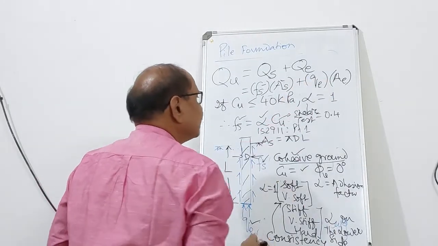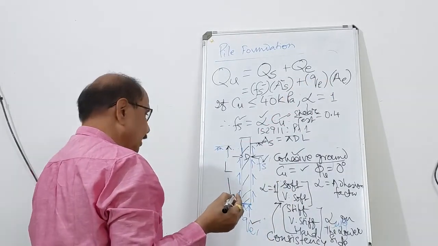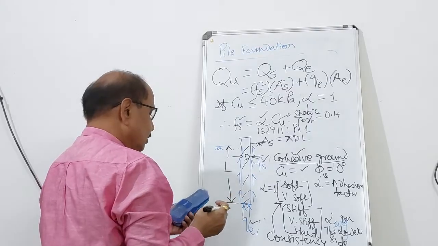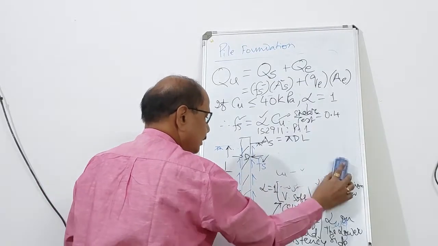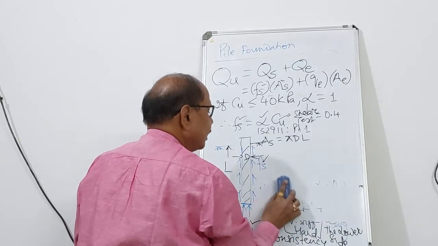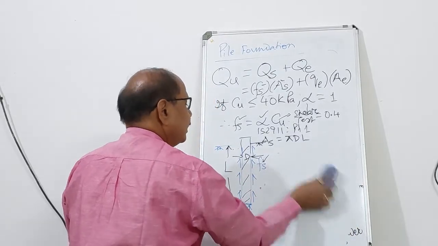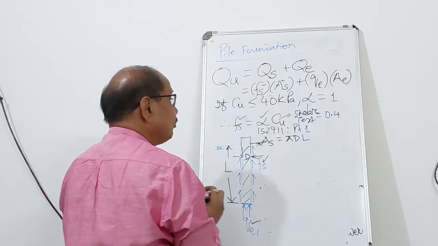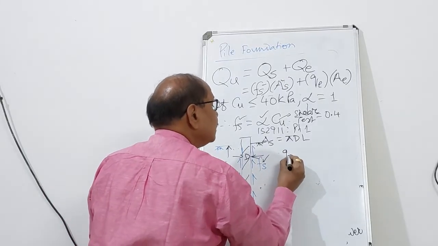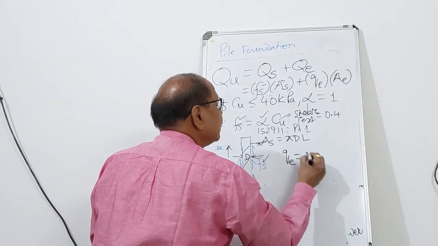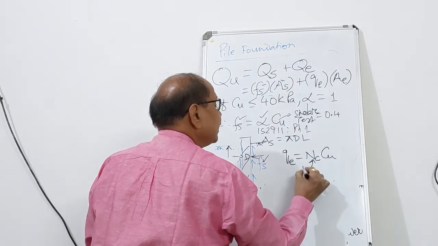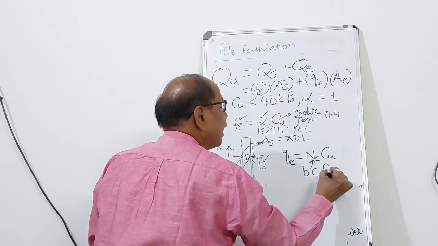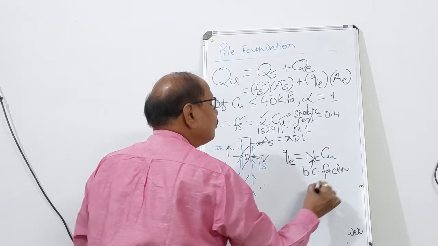Now the third term is going to be QE, the unit end bearing resistance. The unit end bearing resistance can be computed very easily. It is given in IS 2911 that QE is NC times Cu, where NC is called the bearing capacity factor. This factor is given for deep foundation.